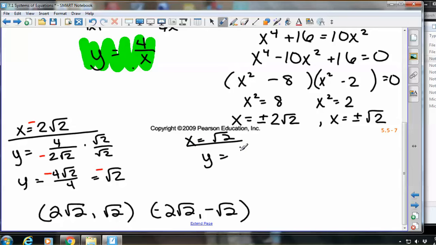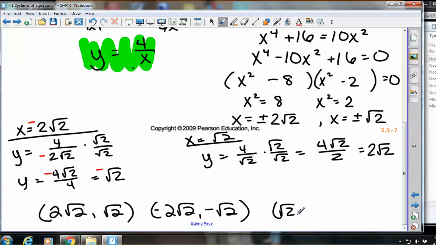Okay, if I put in radical 2, multiply your radical 2 on top and bottom, you get 4 radical 2 over 2, which is 2 radical 2. So when x is radical 2, y is 2 radical 2.